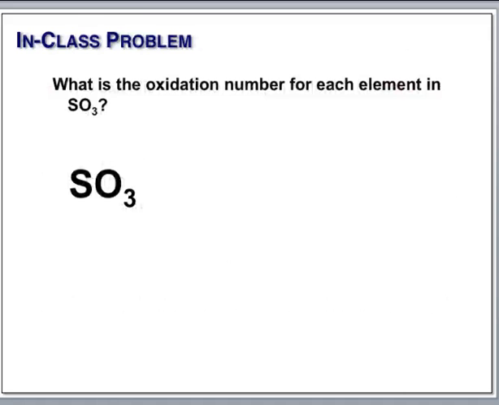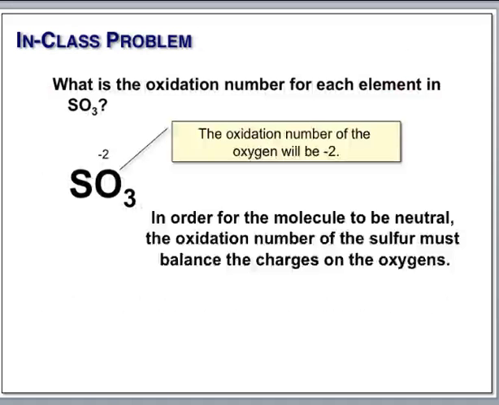What's the oxidation number for each element in sulfur trioxide? Well, sulfur was way down on the very bottom list, right? Oxygen was above it. Oxygen is going to be -2. Now, sulfur trioxide is a neutral molecule, isn't it?